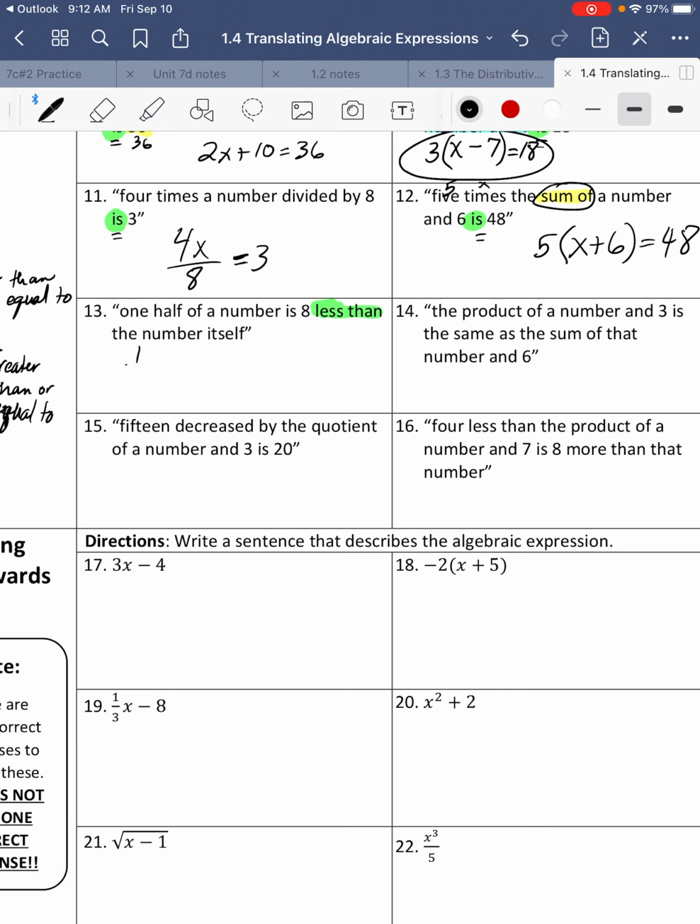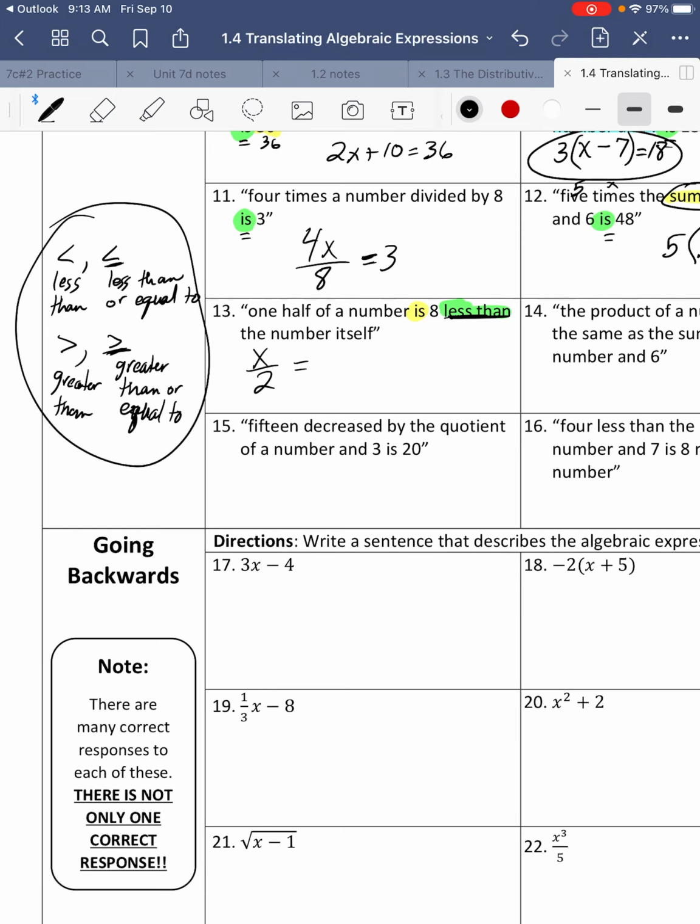One half a number, or you could do half a number, cut it in half, divided by 2, is, I do still see that is, 8 less than the number itself. Oh, less than the number itself. So maybe we'll disregard this. It's good to know for the future.